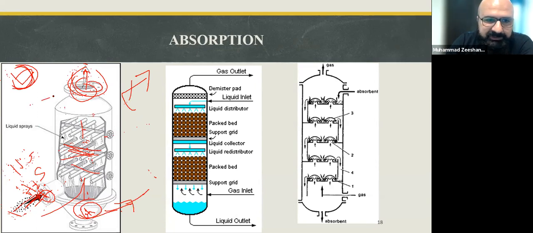There can be different forms and shapes of absorption tower. For example, over here we have got a packed column absorption tower, which has got beds of packing material, right? Packing materials are loose items of plastics or in some cases metals. So these packing materials provide a lot of surface.